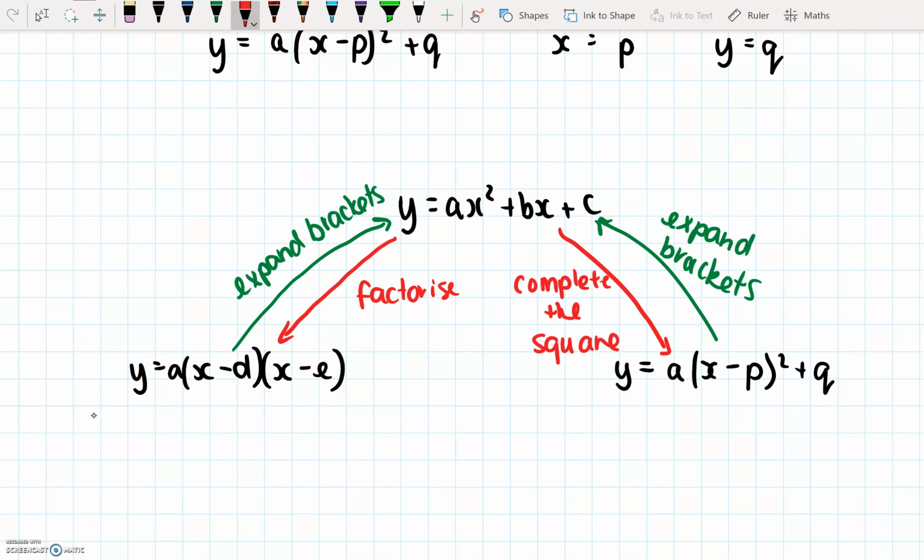Okay, and if you want to go from the left one to the right one or the other way around, then typically it's easier to first convert them to ax^2 + bx + c form. So first expand the brackets, then either complete the square or factorize depending on which format you would like it to be in. Okay.